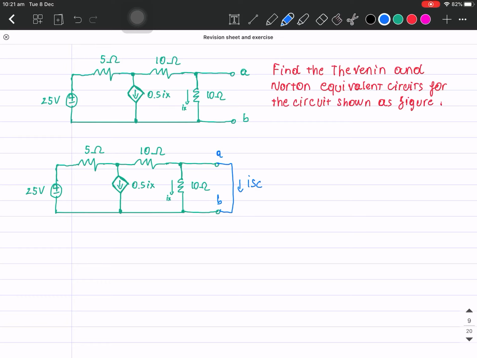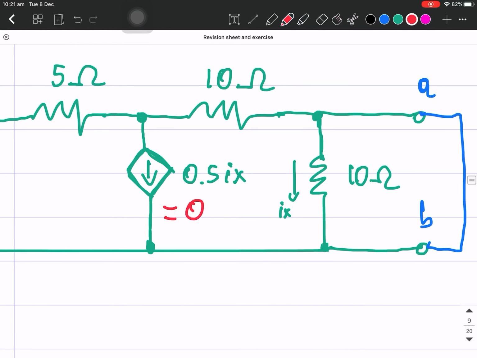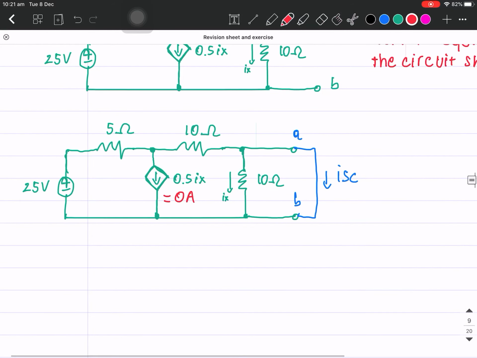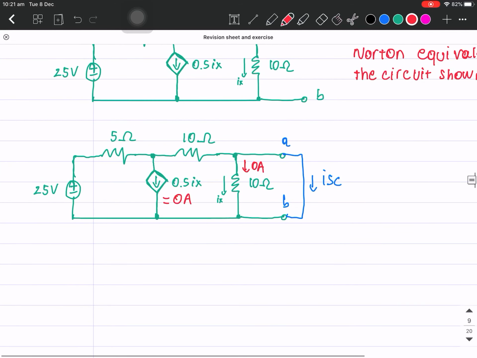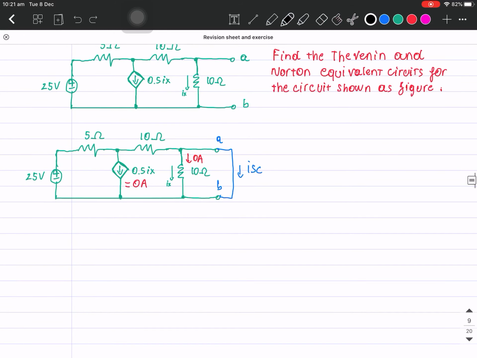So what you guys see over here, this part should be 0 amp because this is parallel with the resistors right over here. And this part is also 0 ampere because short circuit currents go like this. Okay, we got the idea. So now we have that Ix is equal to 0 amp.